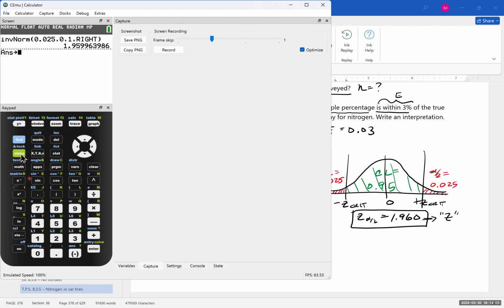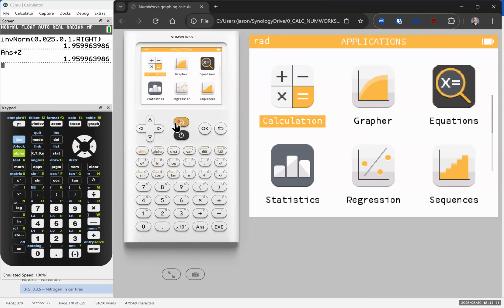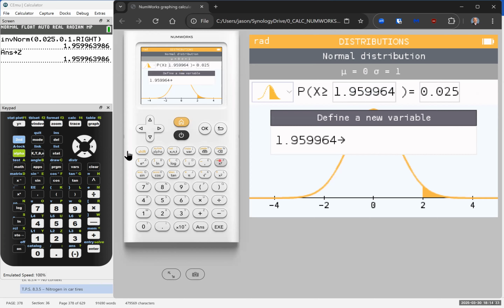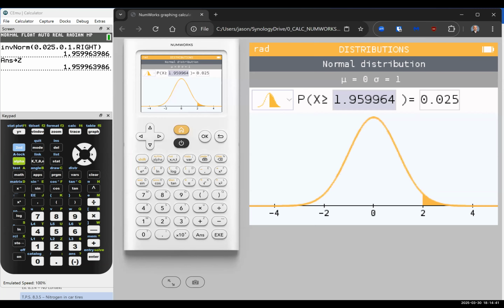Let me clear this out. Go home. Distributions. Okay, normal distribution from 0 to 1. But I want to change the area on the right to 0.025, 1.96. And I too will hit Shift, X to the Y button to store it. Shift Alpha Z. There we go.